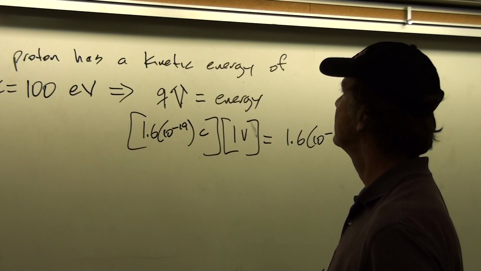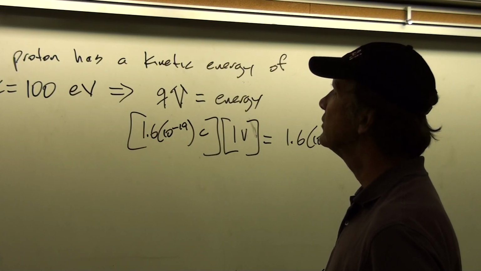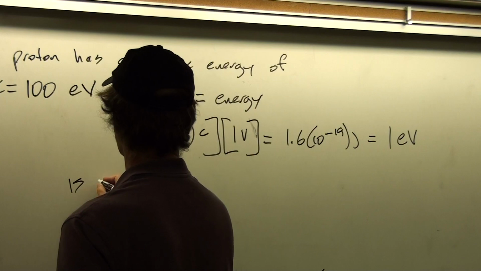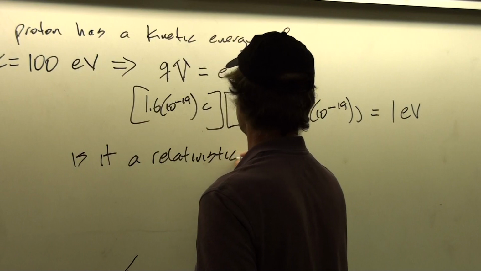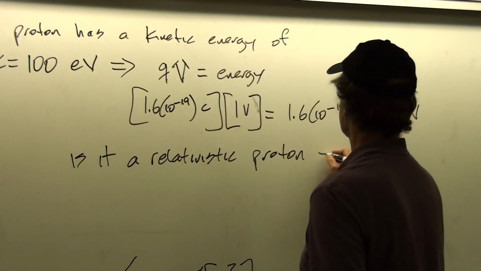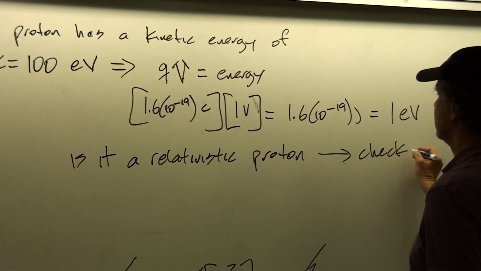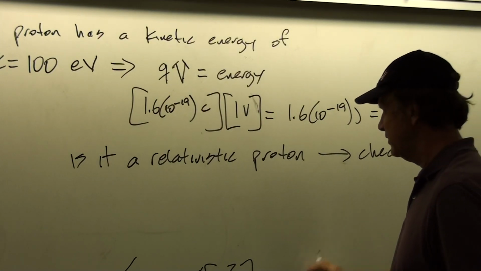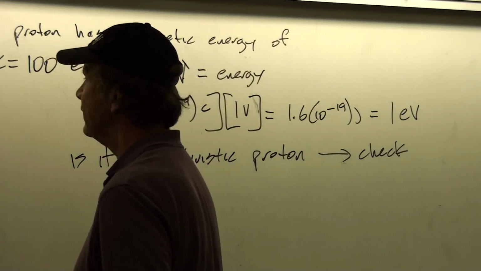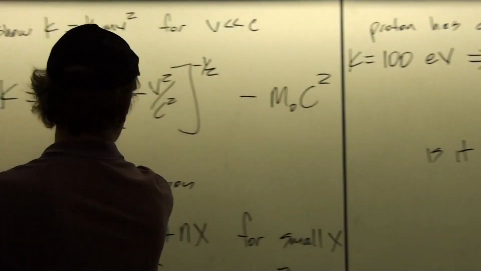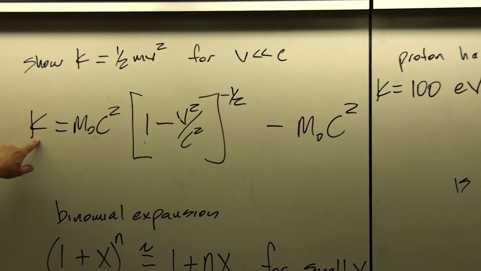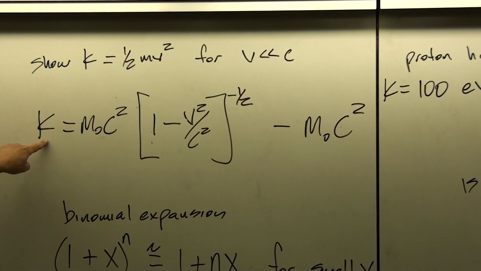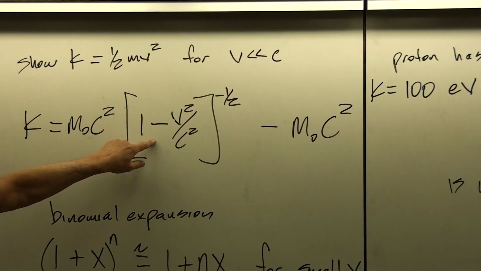Let's say that the proton has a kinetic energy of 100 electron volts. Is it relativistic? Okay, so the check then, and this would be a relatively easy check to do. You could say, okay, well, no problem. I'll just go back to this expression over here for relativistic kinetic energy, and I'll plug in for here 100 electron volts, and then I'll solve this equation for V. Well, no thanks.